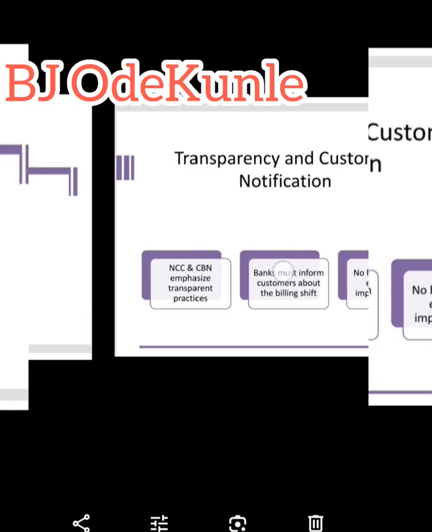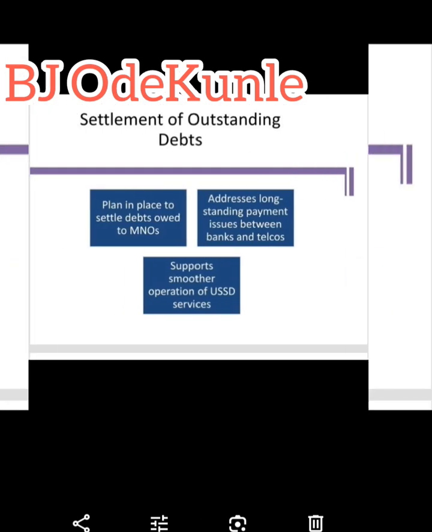All right. So, settlement of outstanding debts. For those banks or MNOs that are owing, that have outstanding fees or remittances to make, they are going to settle that. Address long outstanding payment issues between banks and telcos.